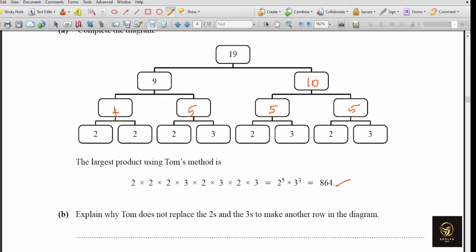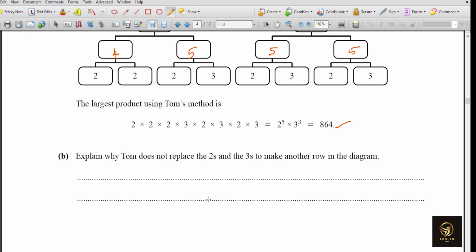Explain why Tom does not replace the 2's and 3's to make another row in the diagram. Why did he not do that, the 2's and 3's? So actually you can see that here he has 4, 5, 5, 5, but he has replaced them by 2 into 2, 2 into 3, 2 into 3. Then they're asking why he did not replace the 2's after that, why he did not proceed to the next row.